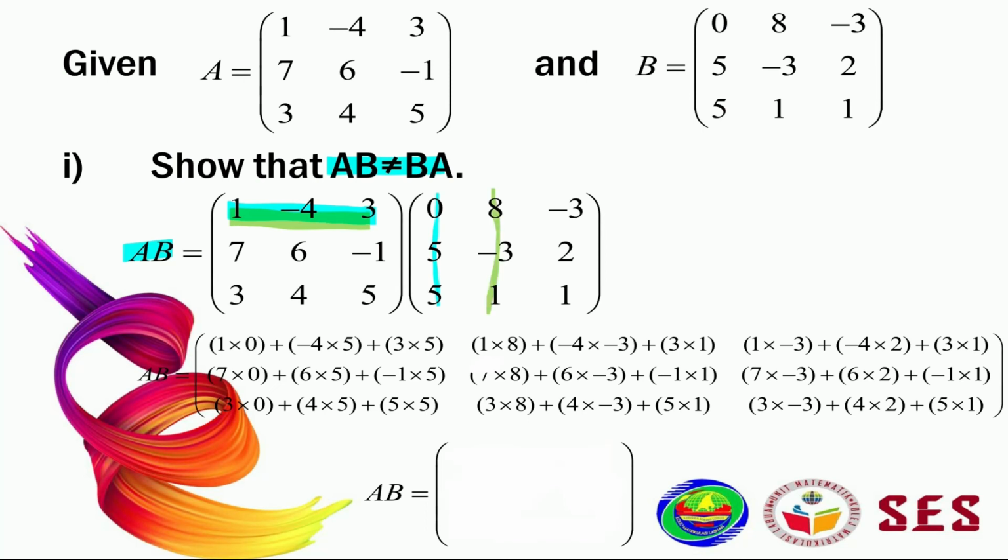Okay, so you can multiply the first row with all the columns in matrix B, and you repeat it with the second row and the third row.